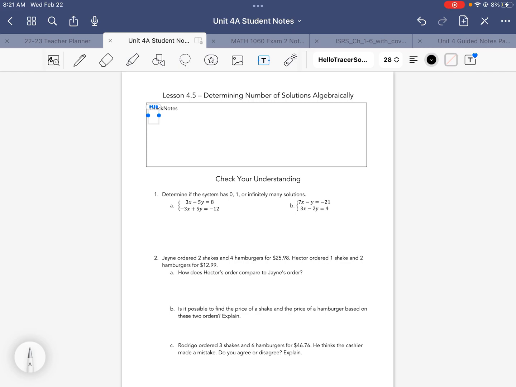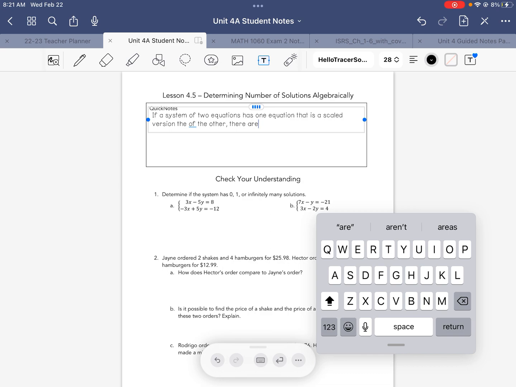Alright. So if a system of 2 equations has one equation that is a scaled version of the other, there are infinite solutions.